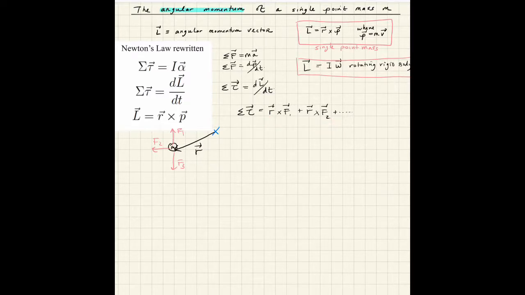Well, I can rewrite this, since the r is the same, as r cross the sum of forces. It's a little bit easier notation. And also I have this relationship here for Newton's second law in terms of momentum, which means I can rewrite the sum of torques as equal to r cross dp dt.